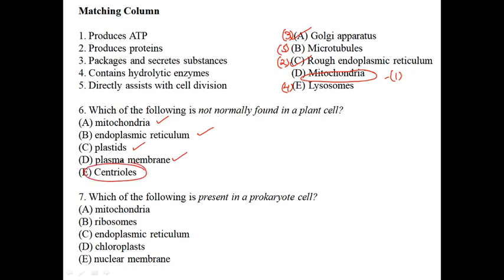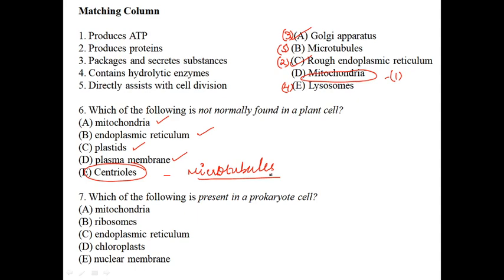So centriole is not present in case of plant cell. Instead they have the microtubules. So instead of centrioles, plant cells have microtubules. Ribosomes, they have all the others: mitochondria, ribosomes, plastids and endoplasmic reticulum.